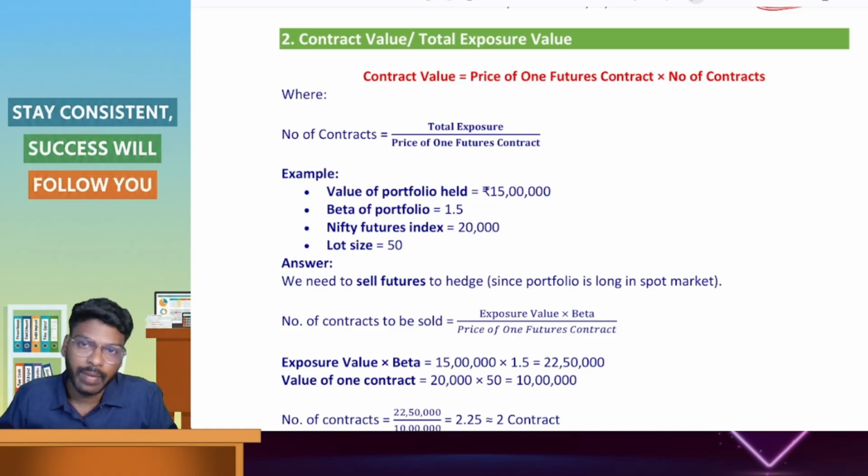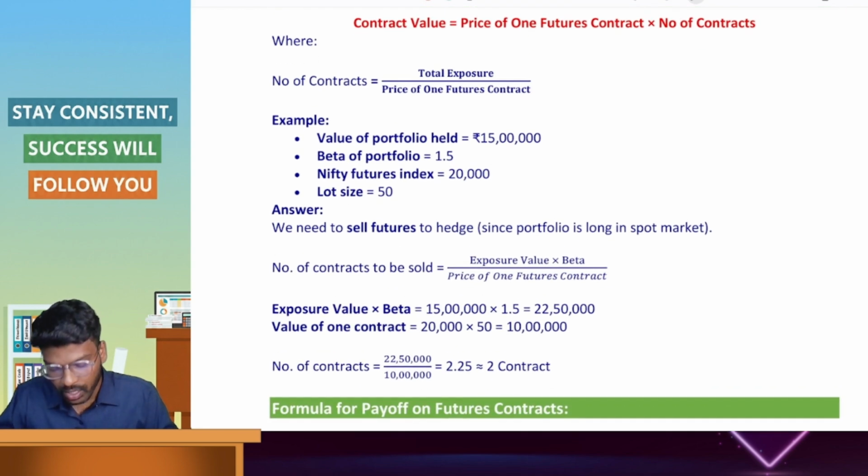Totally 50 shares can be purchased, but one share is 20,000. So first we have to compute the price of one future contract. Price of one future contract equals 20,000 multiplied by 50, which will be 10 lakh.